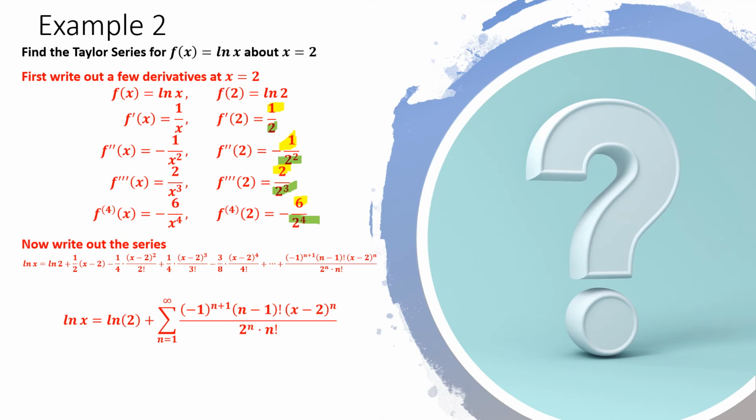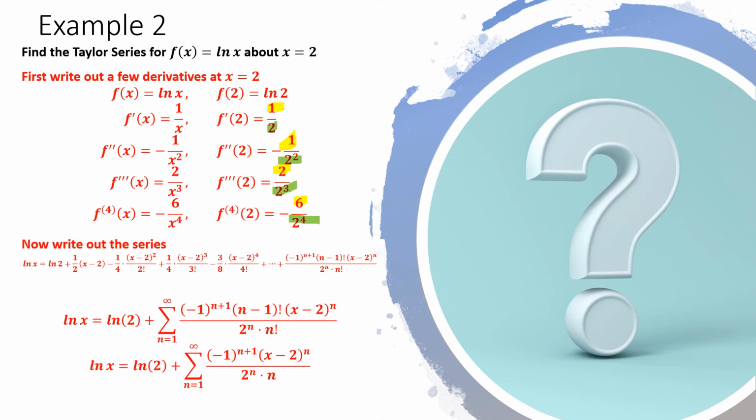When I simplify this, I have negative 1 to the n plus 1 over n minus 1 factorial, x minus 2 to the n over 2 to the n times n factorial, which simplifies out to negative 1 to the n plus 1, x minus 2 to the n, all over 2 to the n times n. In other words, my factorials cancel out everything but n.